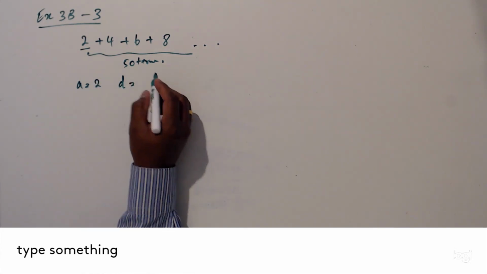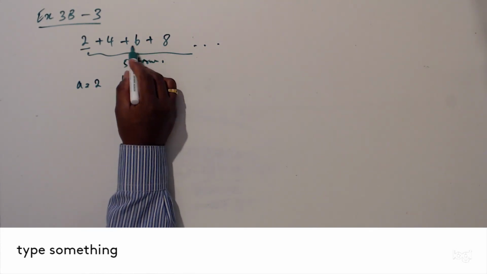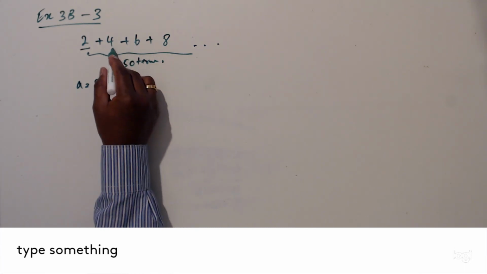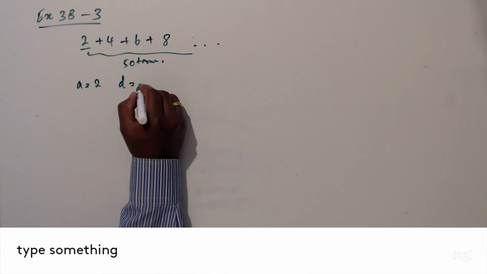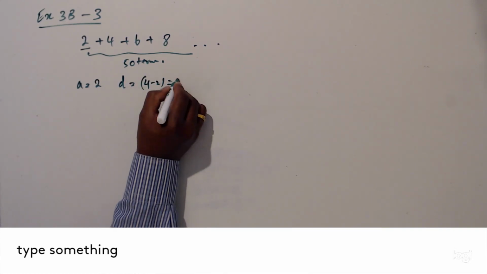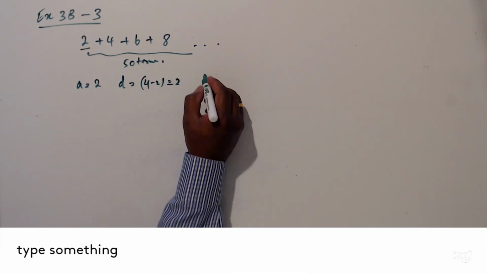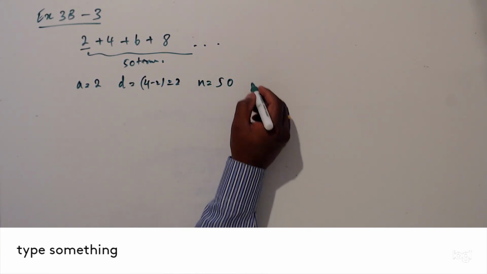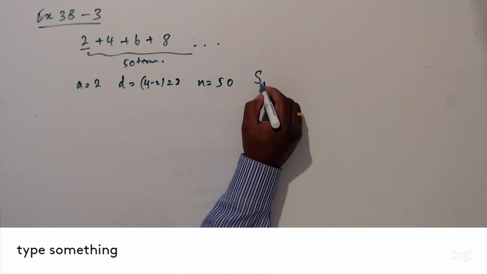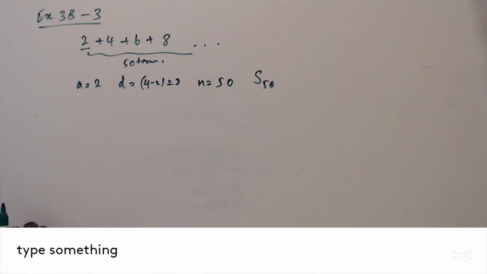The common difference is 8 minus 6 equals 2, 6 minus 4 equals 2, 4 minus 2 equals 2. So d equals 2, and n equals 50. We need to find the partial sum S50.